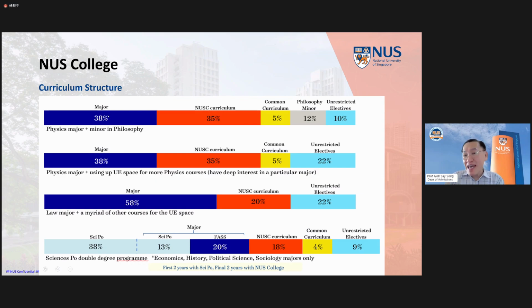Now that one actually is a lot more, but because the NUS College curriculum can replace quite a lot of the common curriculum for the physics major, there's only need to do 5%. Philosophy minor, 12%. And then you still have space for another 10% of unrestricted electives. Depending on what the student really wants to do, there are all these various combinations.